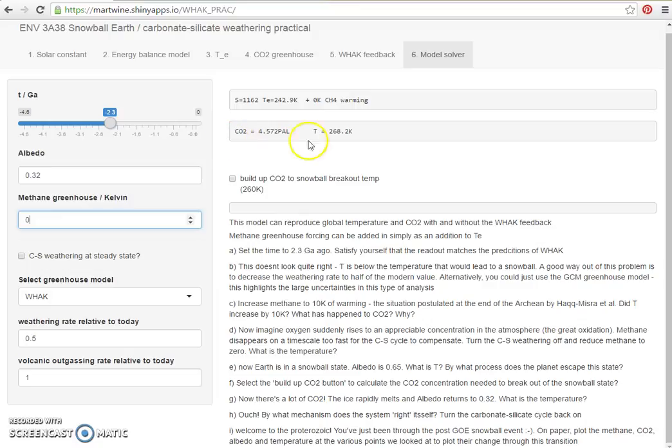So CO2 stayed constant. Temperature has plunged by 20 Kelvin. We're now in a snowball state. Because we're in a snowball state, albedo has gone up, because the Earth's covered in ice. The albedo is now 0.65. And look, the temperature is really very cold indeed.